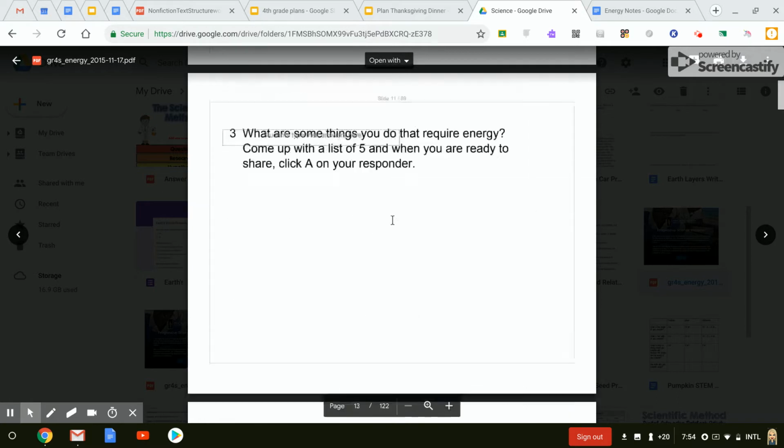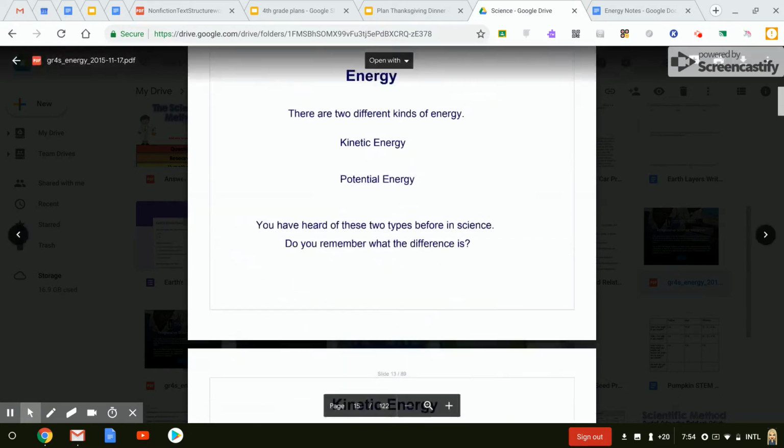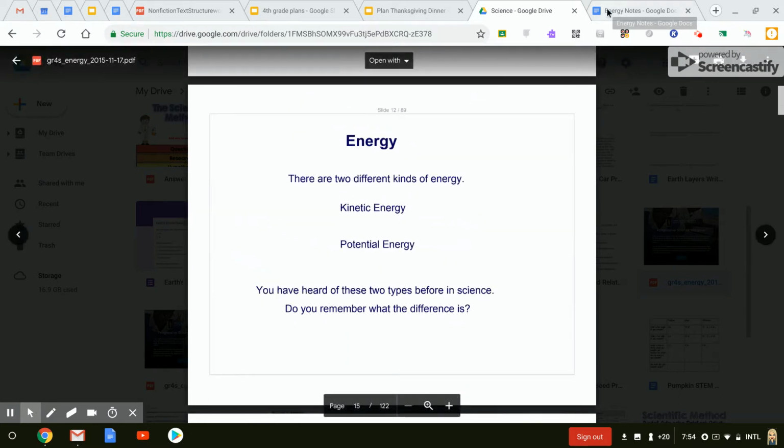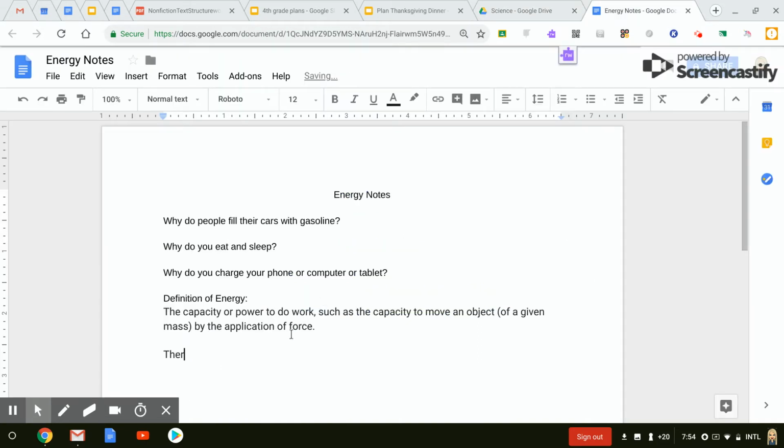We're going to fast forward here, skip these questions, and we're going to go on into 2 different types of energy. So there are 2 different types of energy, and they are kinetic and potential.